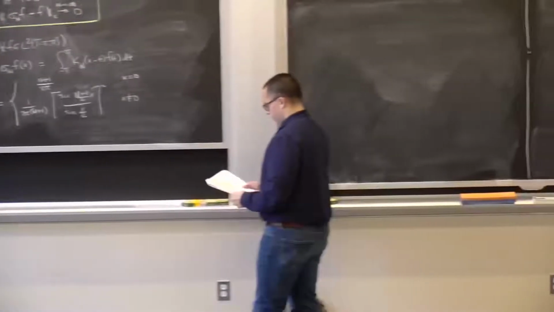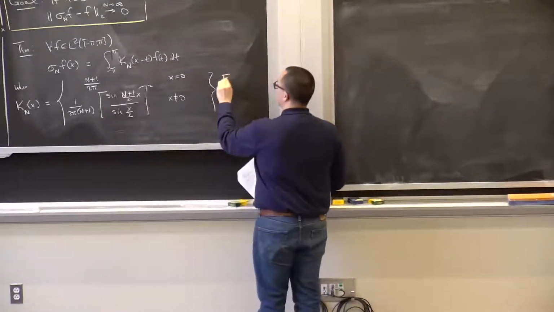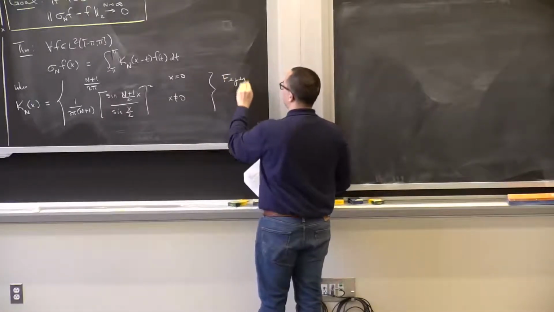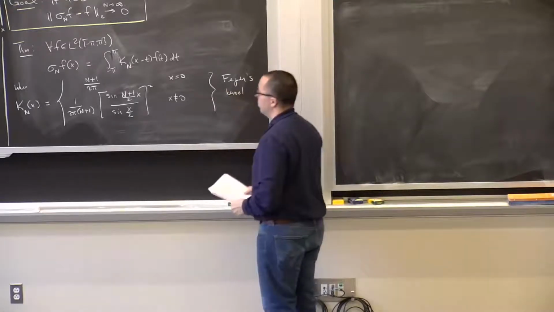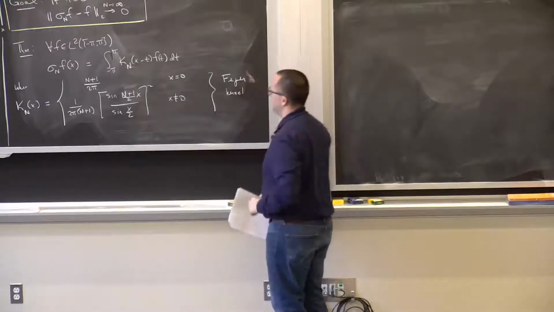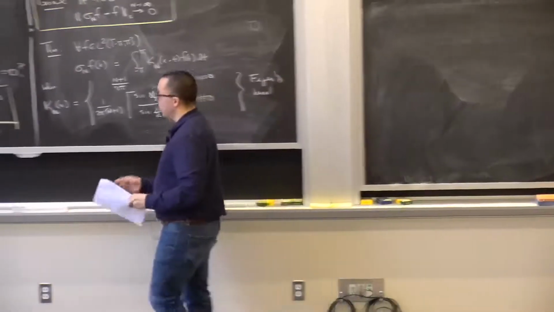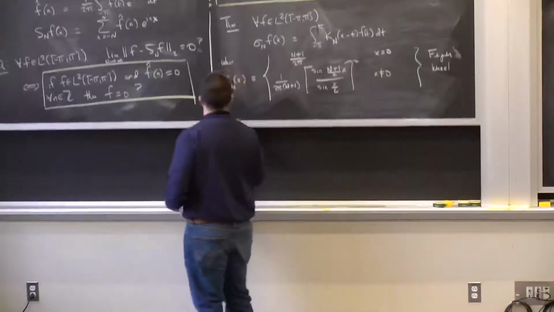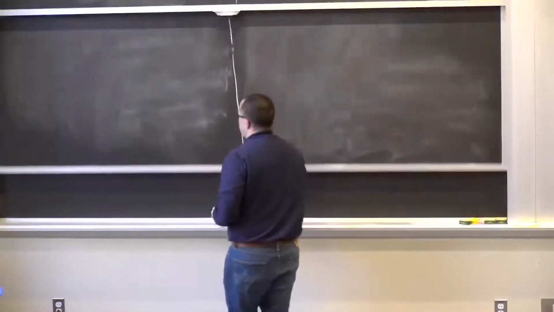And this thing we call the Fejer kernel. So, all right. And now let me just list off a few properties that we'll get from this.